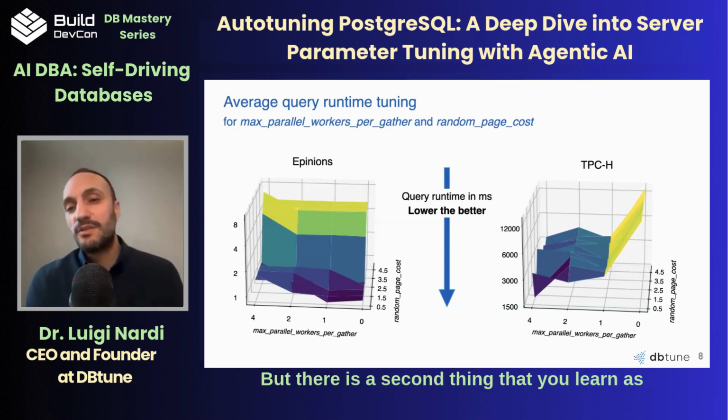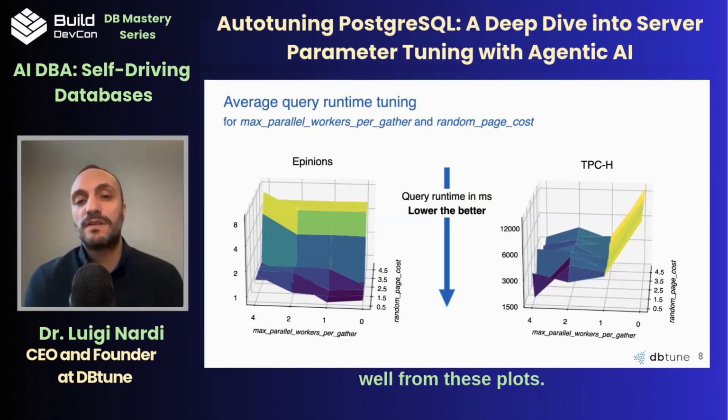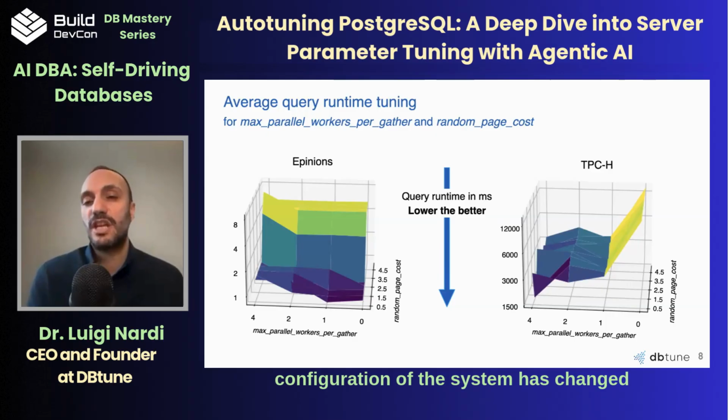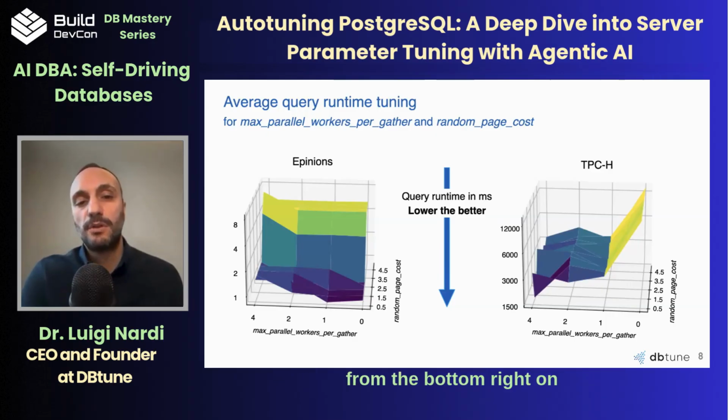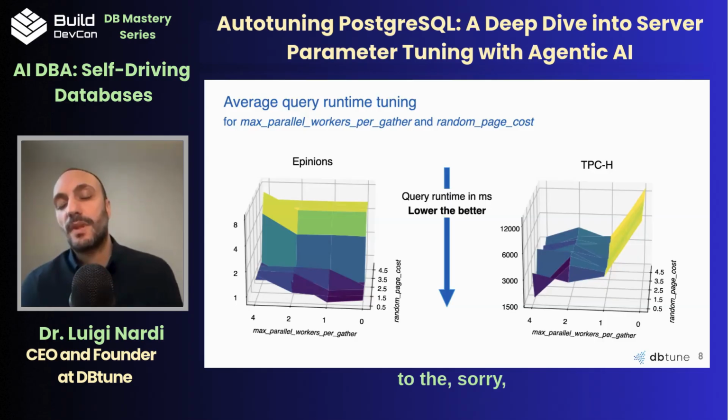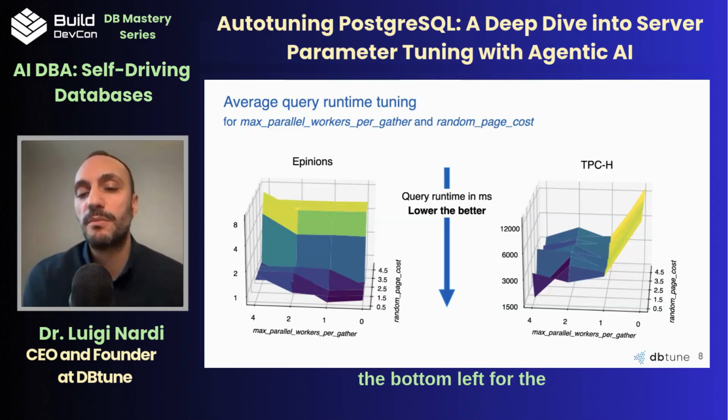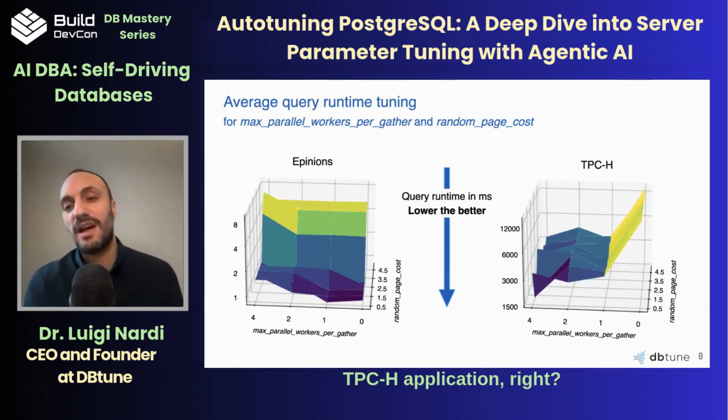But there is a second thing that you learn as well from these plots, and it's the fact that the best configuration of the system has changed from the bottom right on the opinions.com application to the bottom left for the TPCH application, right?